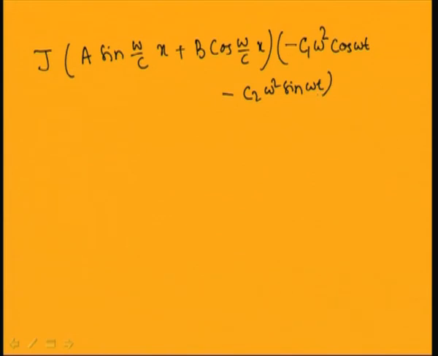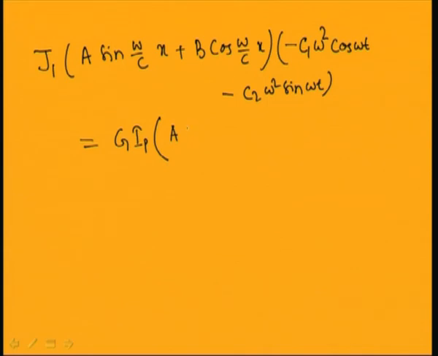This is the left side, J1 into del square theta by del t square. This will be equal to G Ip into del theta by del x.